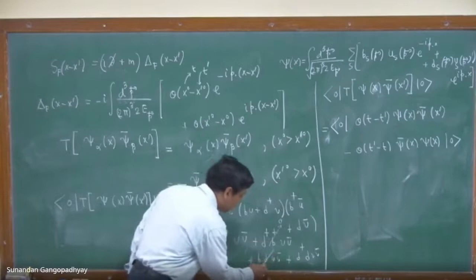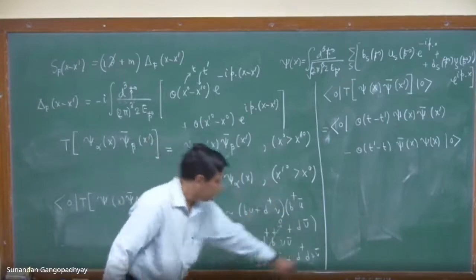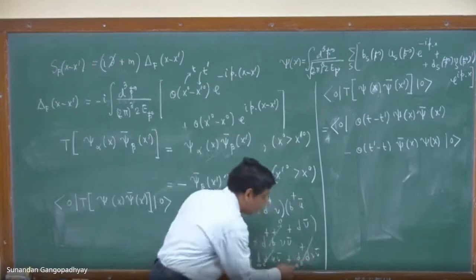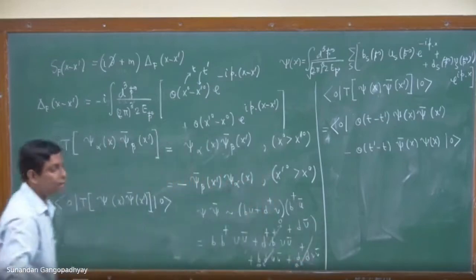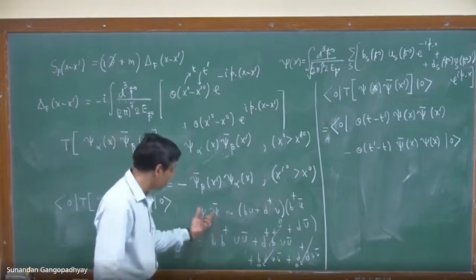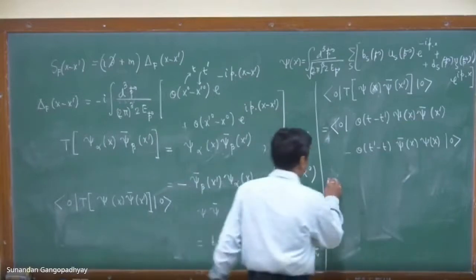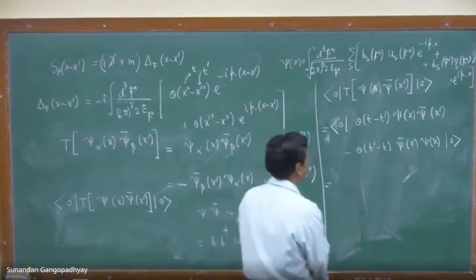Similarly, the term with d on the right will straight away annihilate the vacuum, so this is gone. This will also annihilate the vacuum, because you have d sitting on the right, and therefore it gives you 0. So the only term which contributes is the d d dagger term, nothing else.